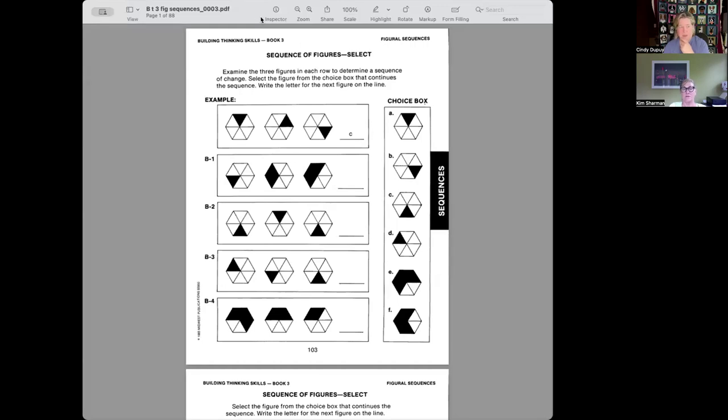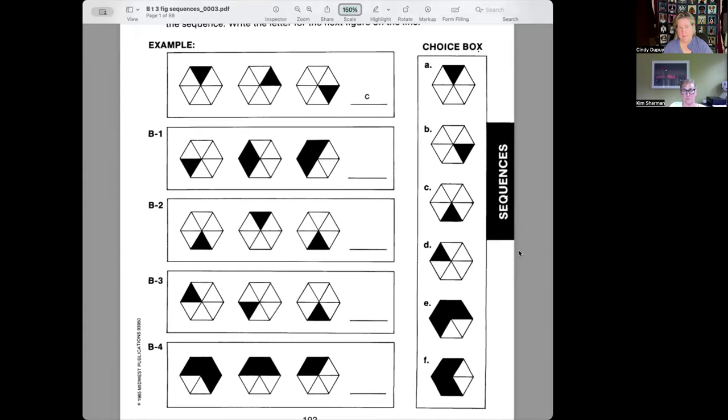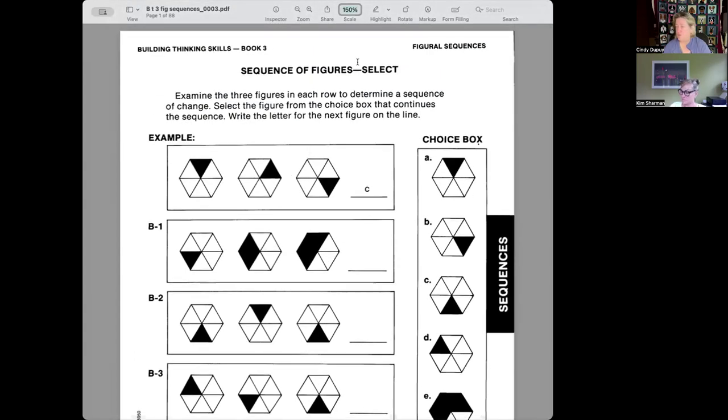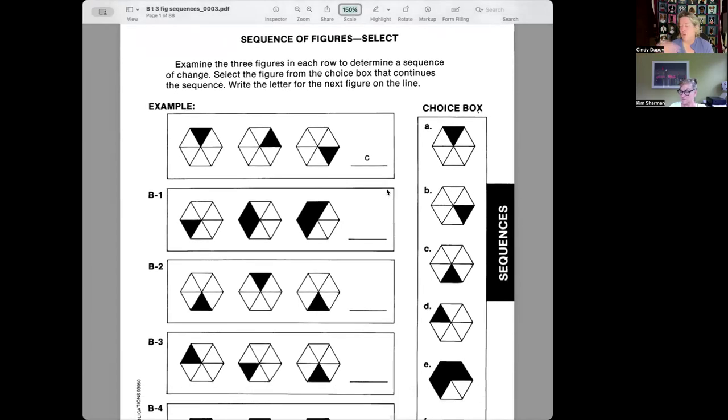So this is from a curriculum called Building Thinking Skills, by Critical Thinking Press and Software. I happened to pull up the figural sequences, and they have different levels of the book, from pre-primer level all the way up through high school. The goal of this is not just to get the right answer, it's to be able to explain the right answer.